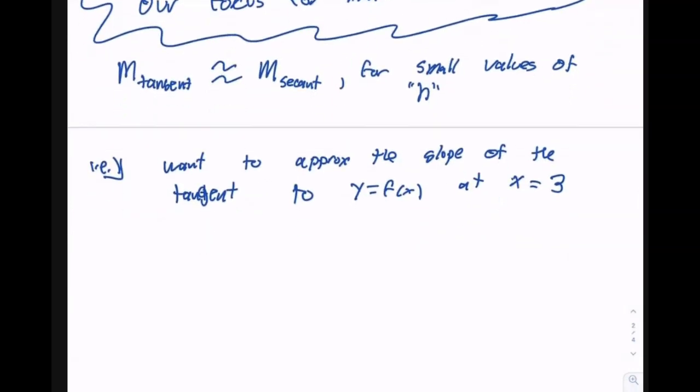Well, if I'm going to approximate it, that means if I find the slope of the secant, I can use, let's start with h equals 2. If I start with h equals 2, then the slope of the secant would be f of 3 plus 2 minus f of 3 over 2.